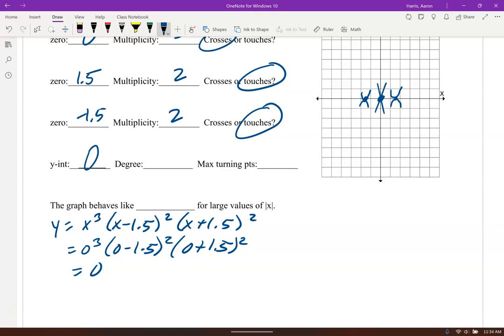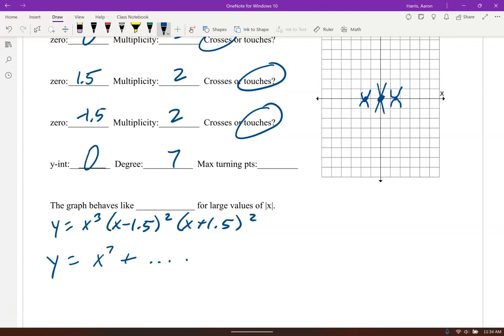The degree, if you were to multiply this whole thing out, you'd have x cubed times x squared times the other x squared. Well, x, 3, 4, 5, 6, 7 x's and a bunch of stuff. So this is x to the 7th. So the degree is 7, so it has at most 6 turning points.